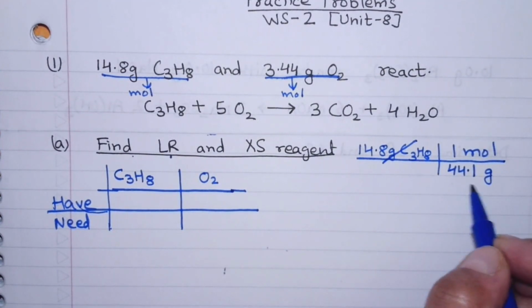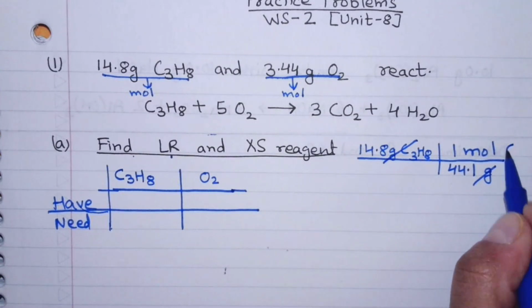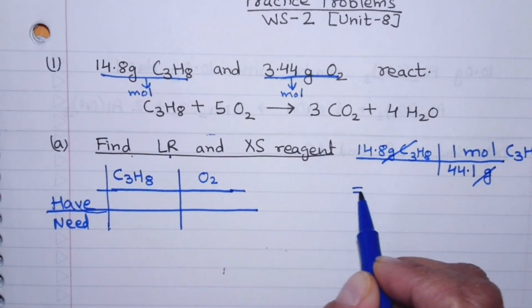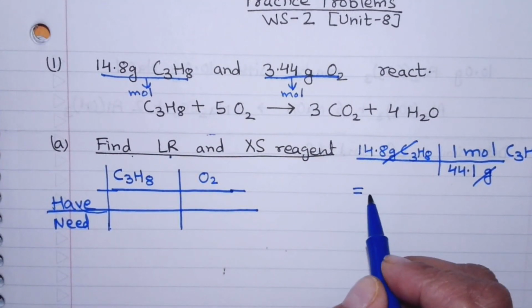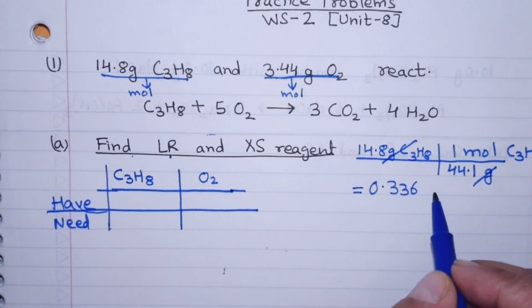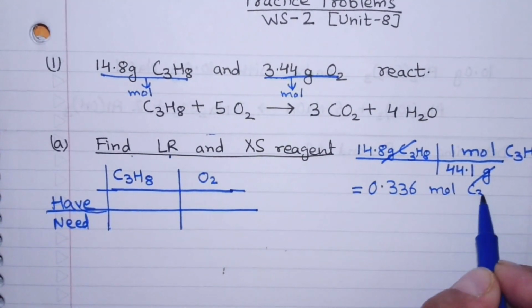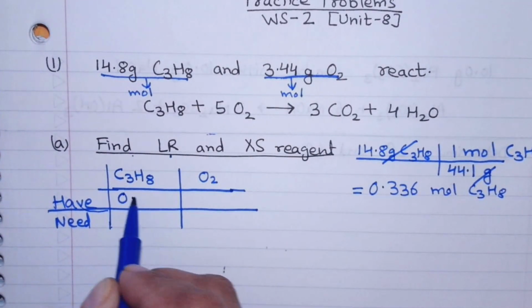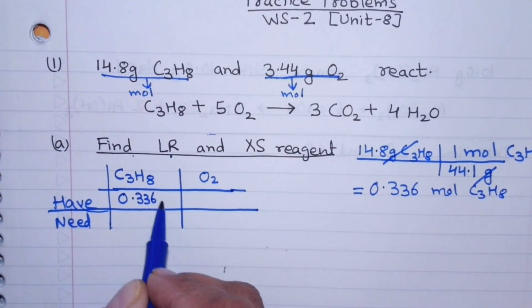So grams cancel out with grams and you get moles of C3H8, which is equal to 0.336. So moles C3H8. So I'm going to put that number here, 0.336 moles.